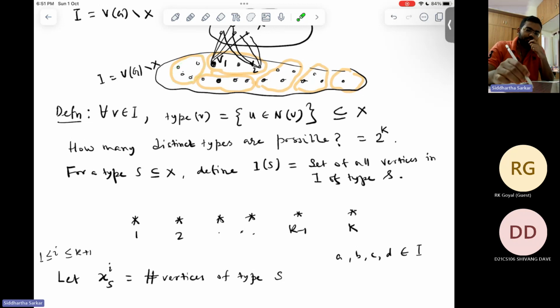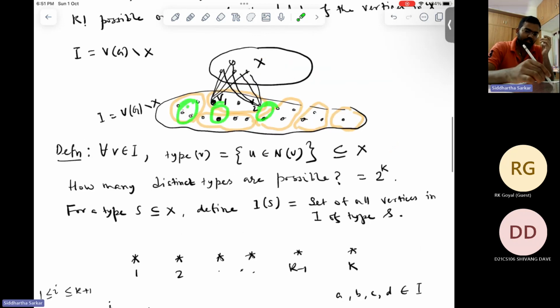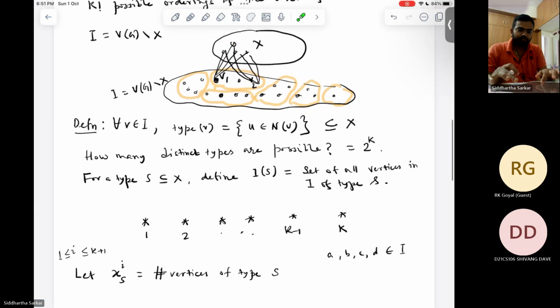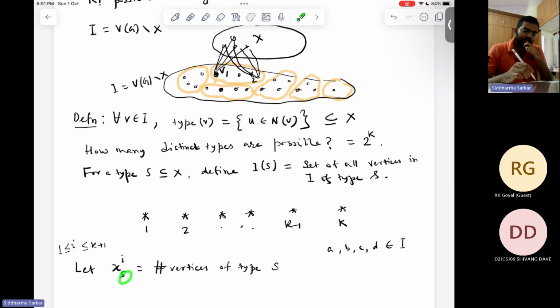How many possible types? 2 to the k possible types. So s is some subset of X. For every subset of X and every i between 1 and k plus 1, we are going to define a variable x sub s i.